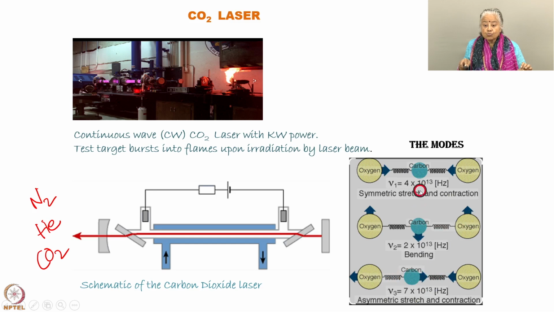So, how can these modes move? These 2 oxygens can come closer to carbon, move, come closer, move. This is one mode of action in a carbon dioxide molecule. When it is in an excited mode, it gets energy from the discharge and starts moving in this way.